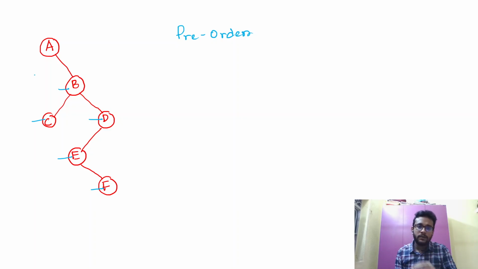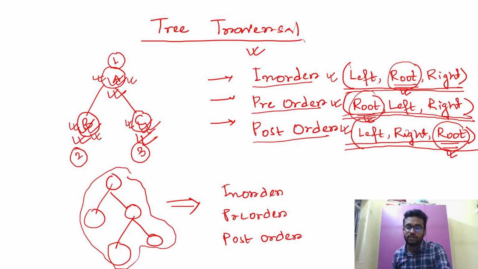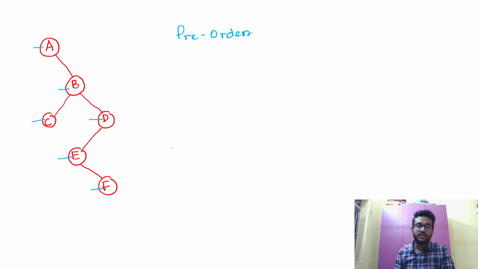Pre means root, pre-order means the left hand side; you have to remember it in that way. Pre means the left hand side. On the left hand side you have to draw a single line to every node. Okay, the first step is completed.